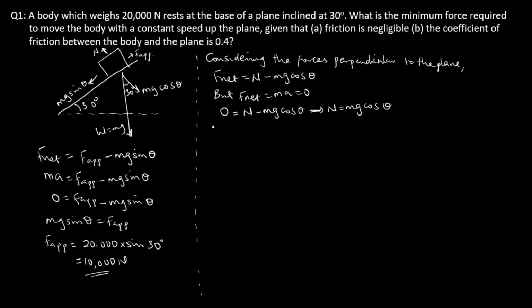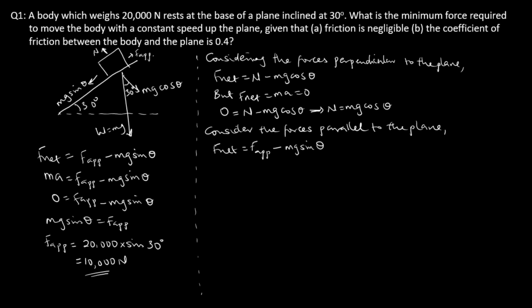Now let's consider the forces which are parallel to the plane. If we do that, what do we have? We can write that the net force is equal to, now there is one which goes upward, that's the applied force, then minus, there is one which goes downward, our mg sine theta.